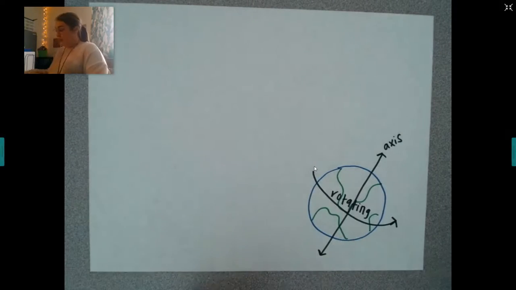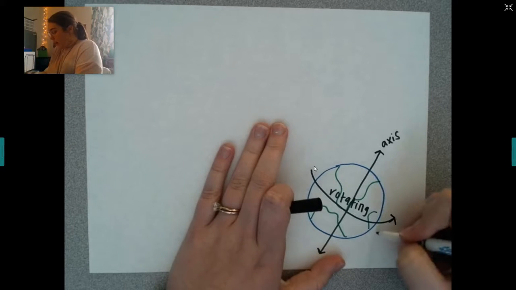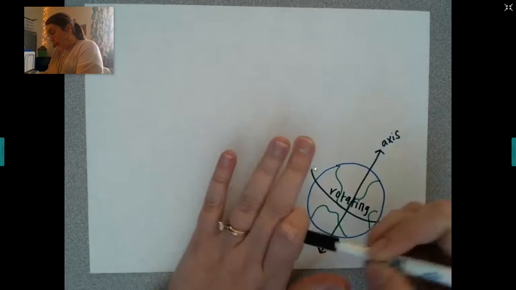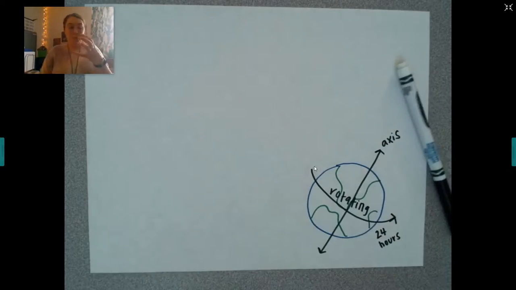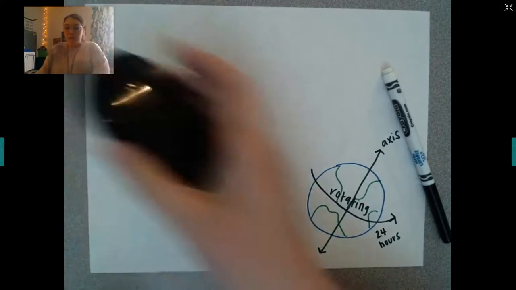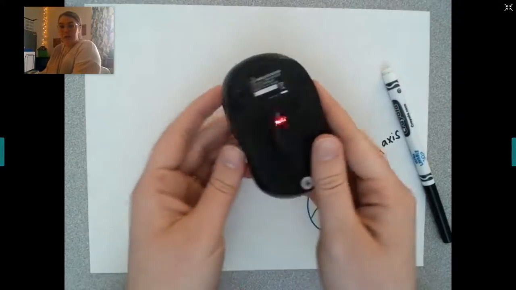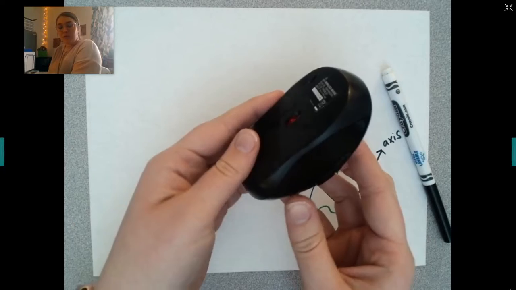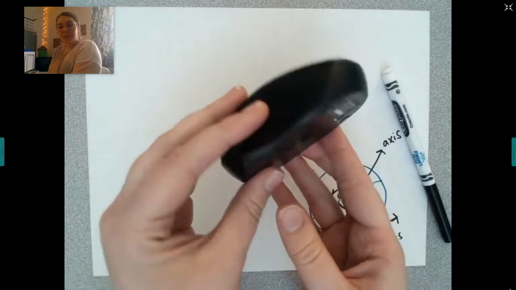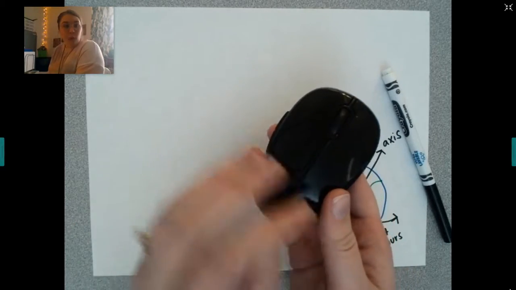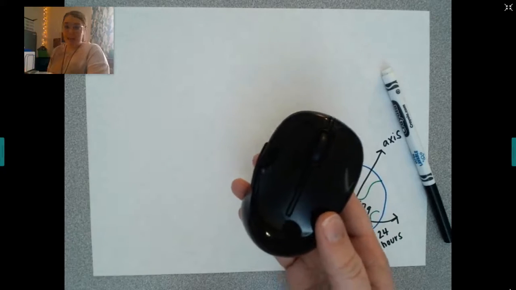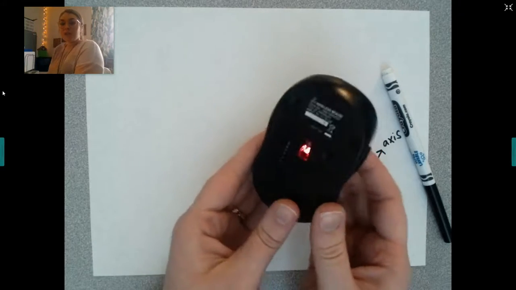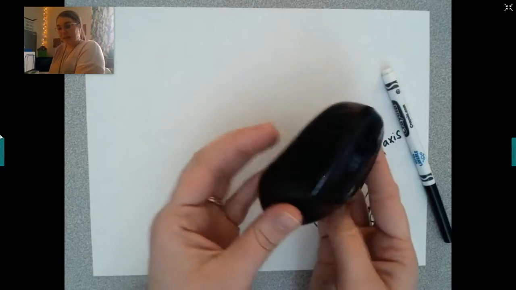Our Earth takes 24 hours to rotate on its axis. So think of that ball and think of it moving. So I'm just going to use my mouse real quick. So here's our Earth and it's constantly moving. It's tilted a little bit and it's constantly moving. One rotation takes 24 hours, and that's how we get our day. A day takes 24 hours. And so it's constantly rotating like this.